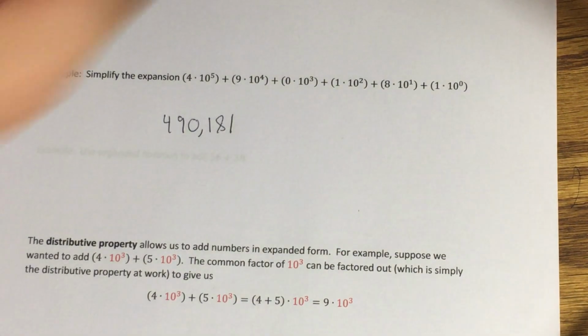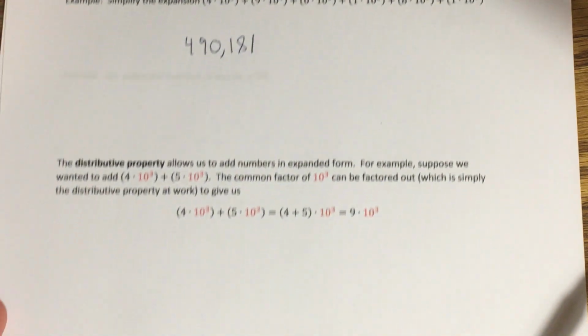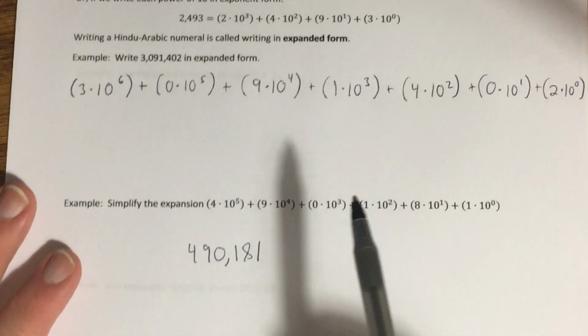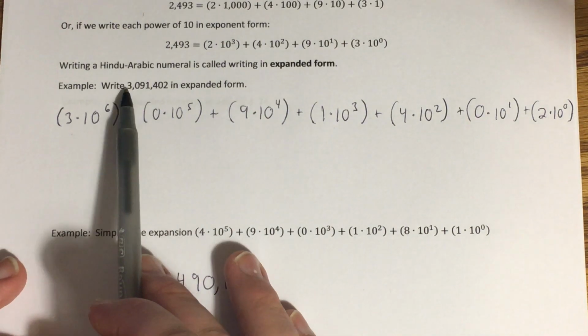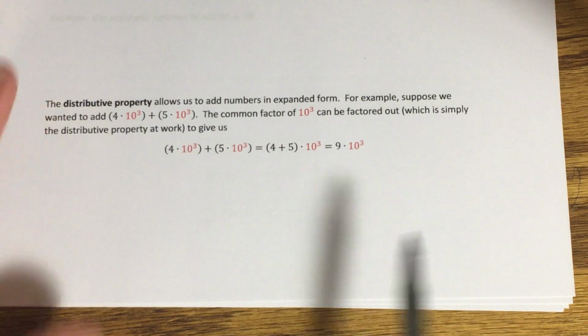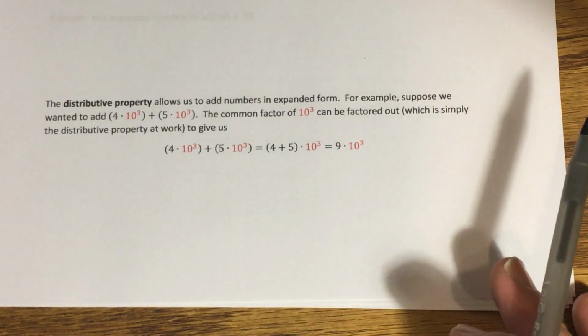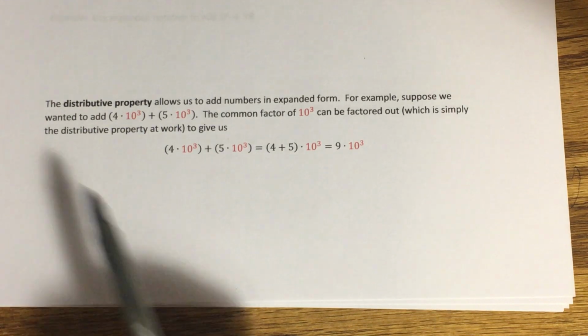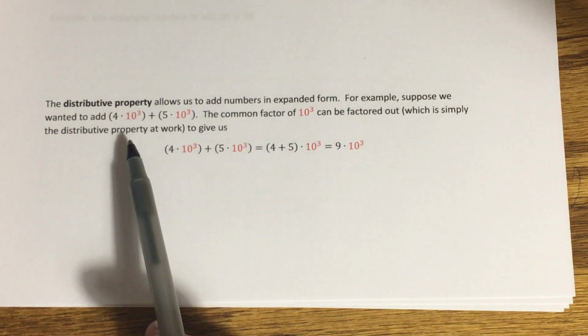Now, the idea in this section is to look at doing arithmetic in Hindu-Arabic form, specifically how arithmetic works when we take a numeral like this one and put it in expanded form. And a big tool that's going to be used here, without explicitly thinking about it as being used, is the distributive property.